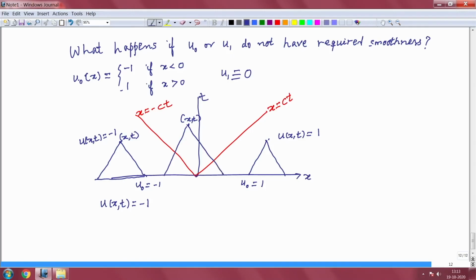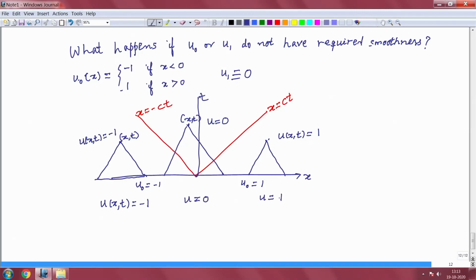Again, if you plug into D'Alembert's formula, you see that u is -1 plus 1, because u1 is anyhow 0. So, you get u is 0 here. So, u is -1 here, in this region u is 0, and u is 1 again.